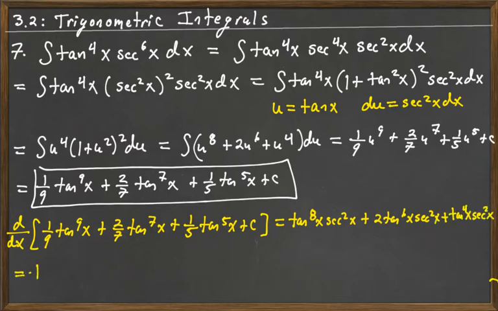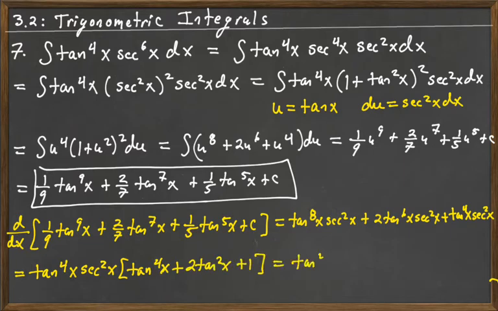C goes away. We have tangent to the 4th x and a secant squared x in common, so we factor that out, and we're left with tangent to the 4th x plus 2 tangent squared x plus 1. So that's tangent to the 4th x, secant squared x, and the other part factors into tangent squared x plus 1, quantity squared.